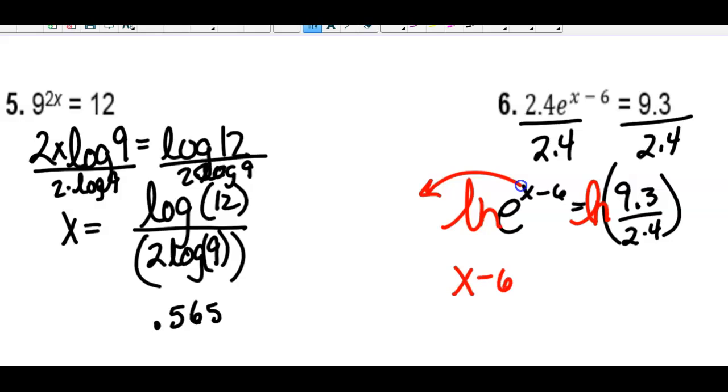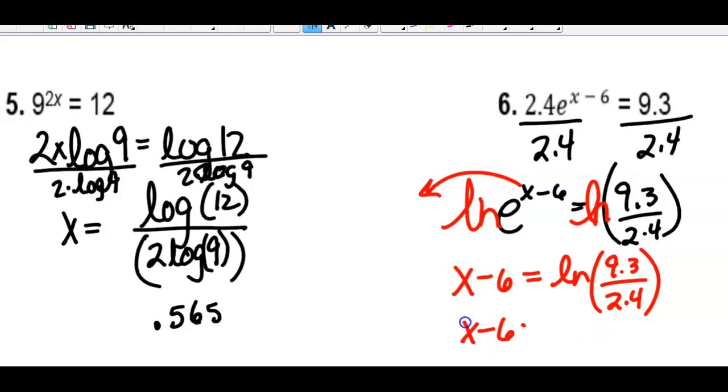Because the natural log of e is just 1, we end up with this. So we type this in and then we add 6 and we're done. The natural log of 9.3 divided by 2.4, and then plus 6.